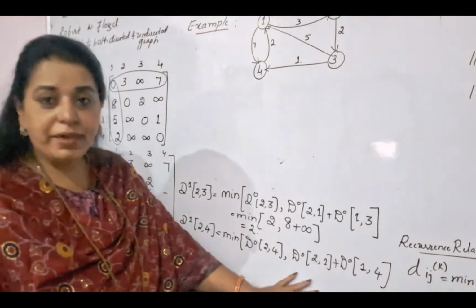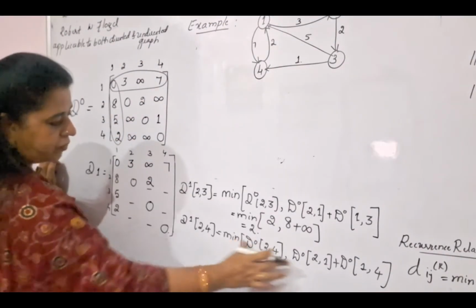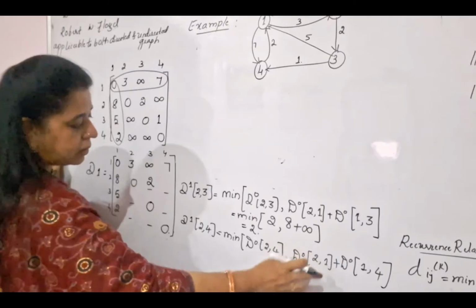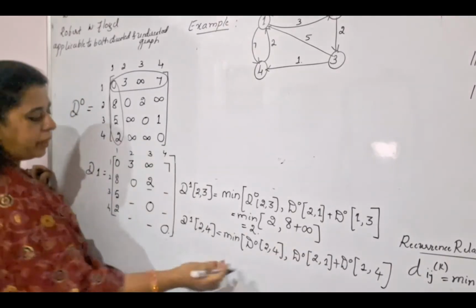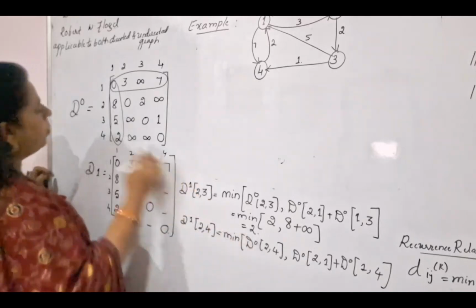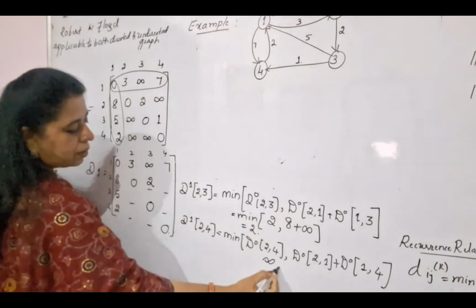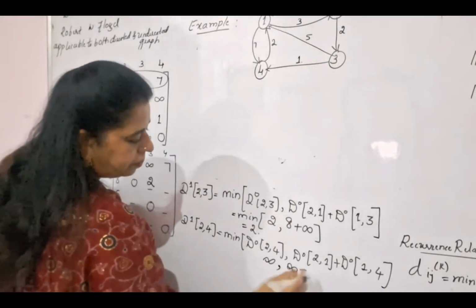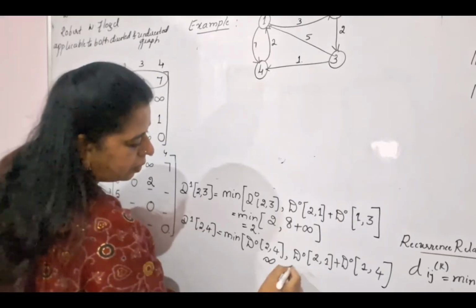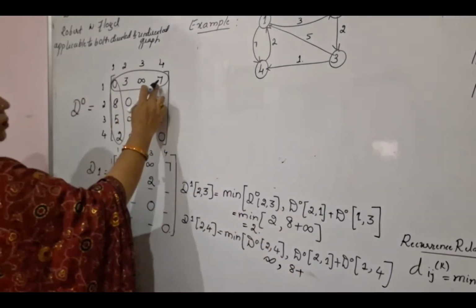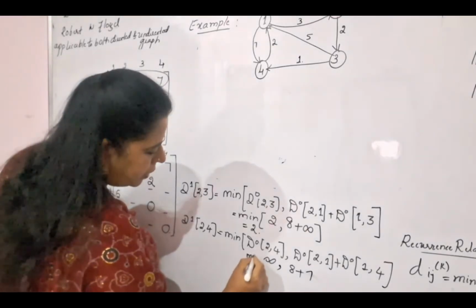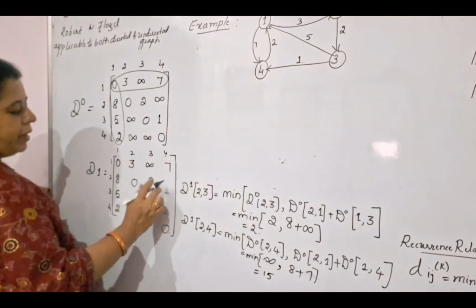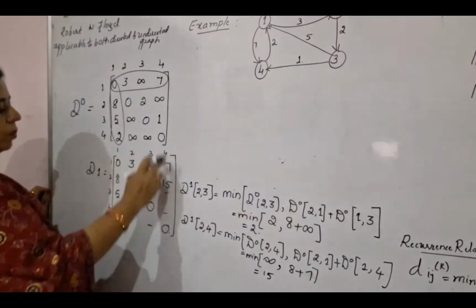So you write the minimum of d0 of 2 comma 4 and d0 of 2 comma 1 plus d0 of 1 comma 4, which you identify from the d0 matrix. 2 comma 4 is infinity, 2 comma 1 is 8 plus 1 comma 4 is 7. So the minimum of these two, 8 plus 7 is 15. You will get 15 here, so d1 of 2 comma 4 is 15.